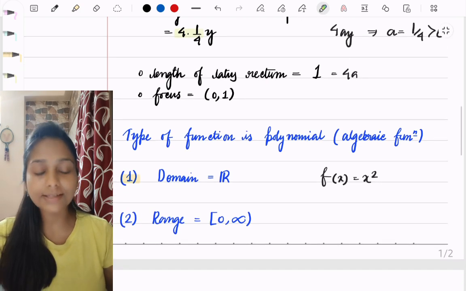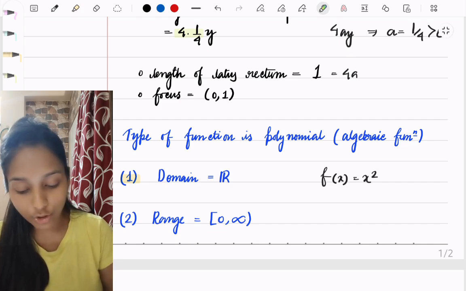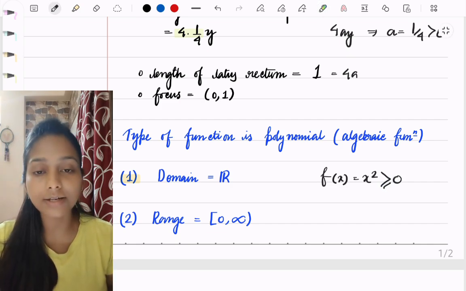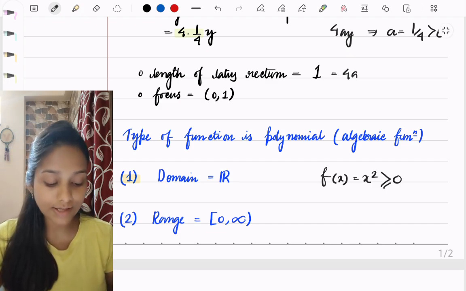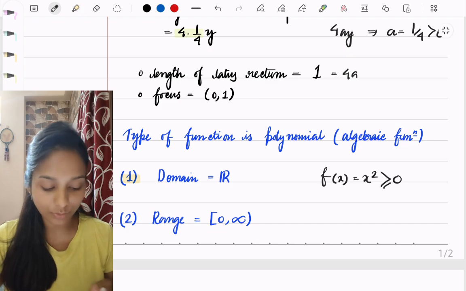Also, we can say that any square of a number is always greater than or equal to 0. So from here we can see that the range of the function is closed 0 to open infinity. Closed 0, why? Because at x equals 0, the functional value becomes 0.